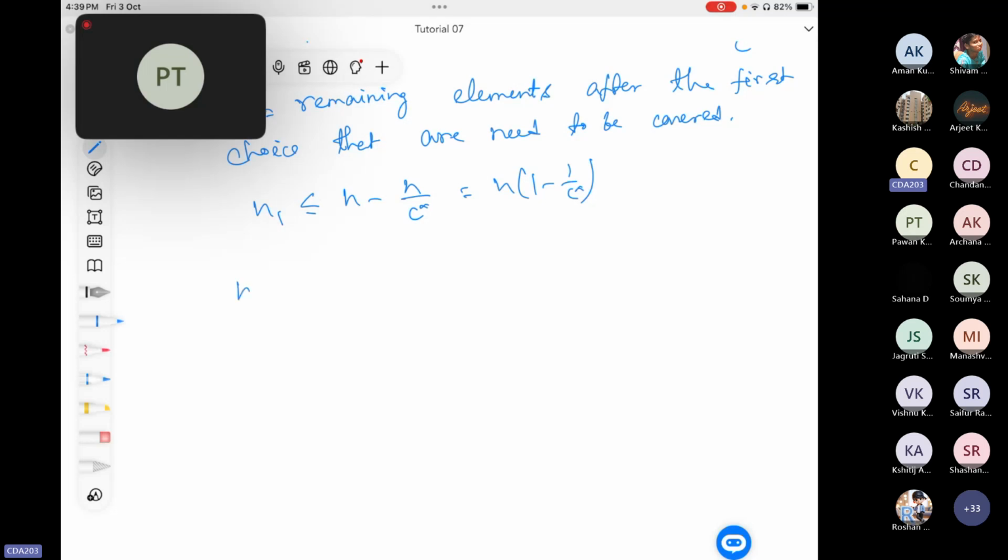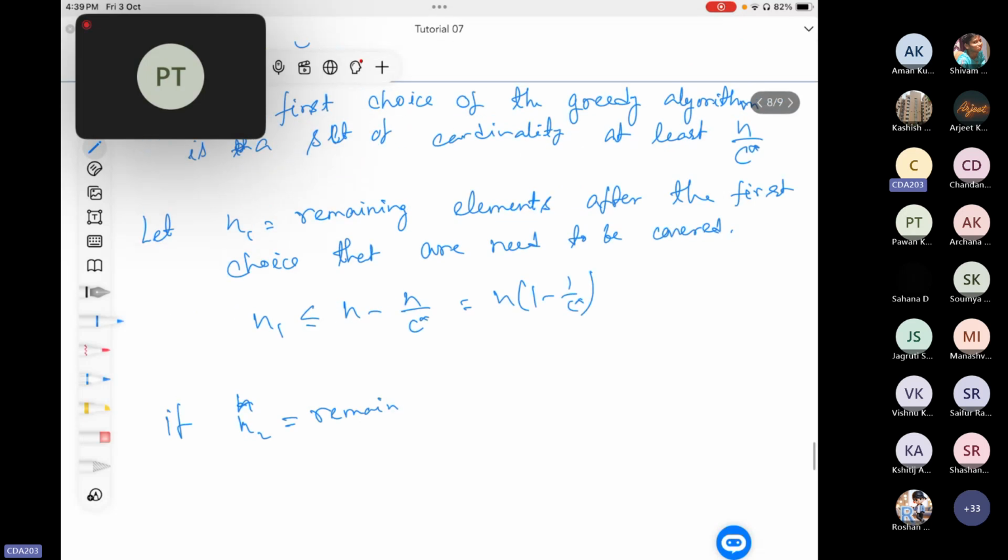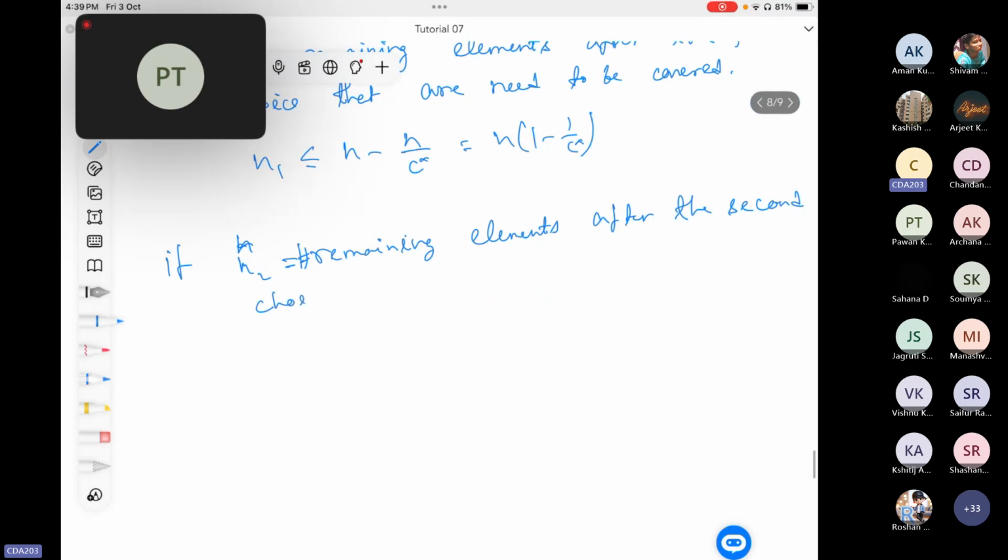That means if n2 is the number of remaining elements after the second choice that need to be covered.